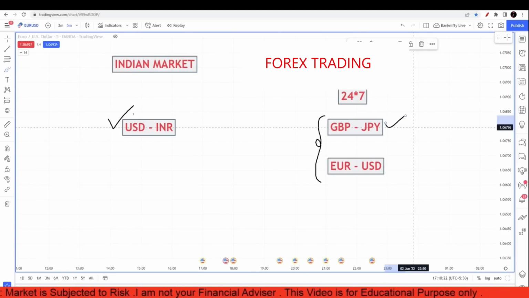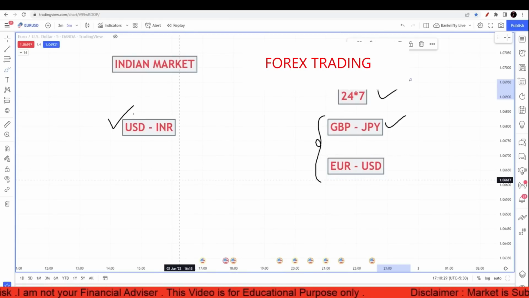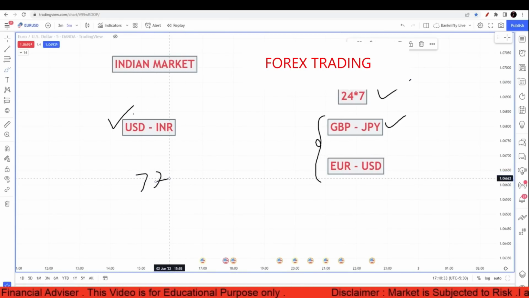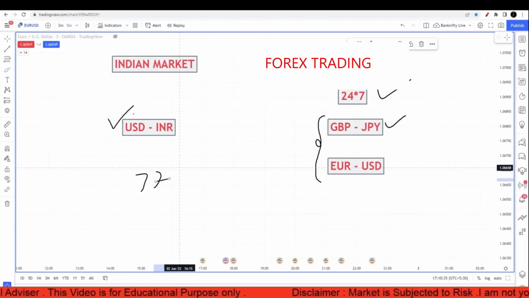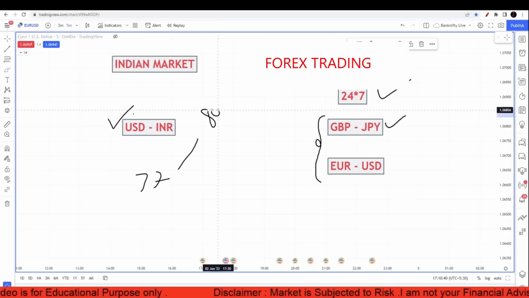The major point is that you can trade 24/7. The best part of forex trading is this: if USD is around 77, that doesn't mean USD will jump directly to 80 or 90 in a day.